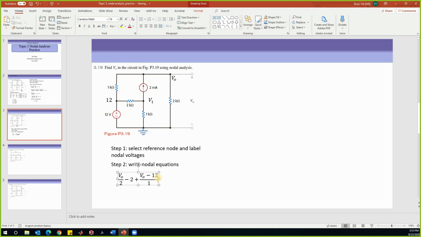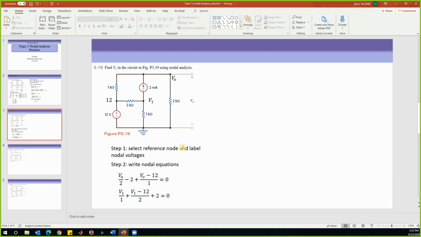So all 3 branches add up to 0. The next equation is about this node V1. The current leaving this node from this branch is V1 divided by 1. The current leaving in this branch is (V1 minus 12) divided by 2. And the current leaving this node from this branch is positive 2. So that is equal to 0.